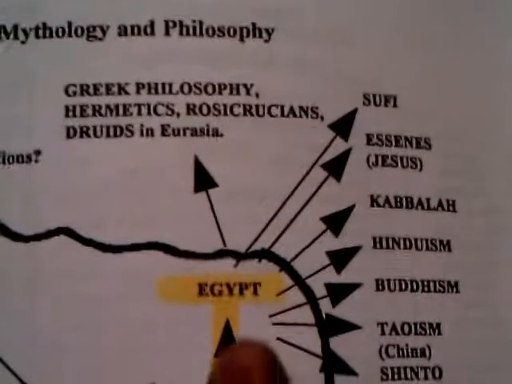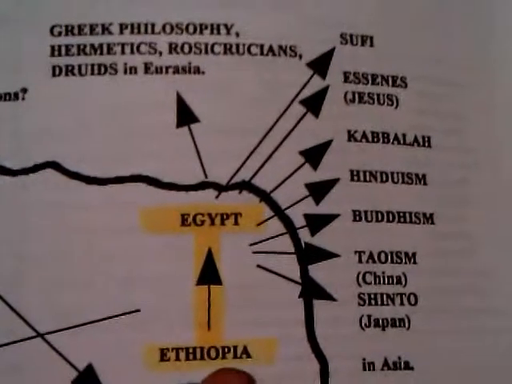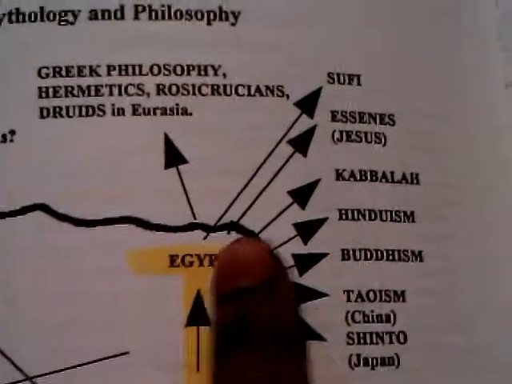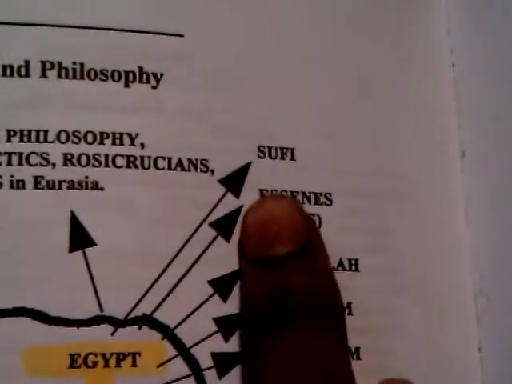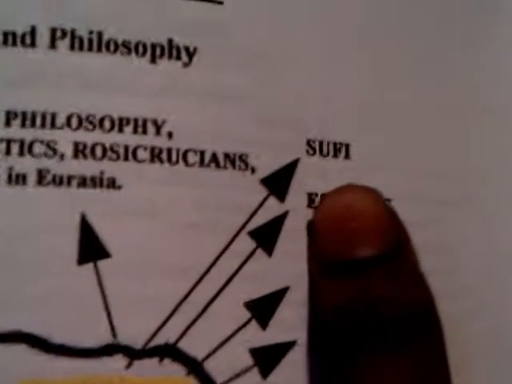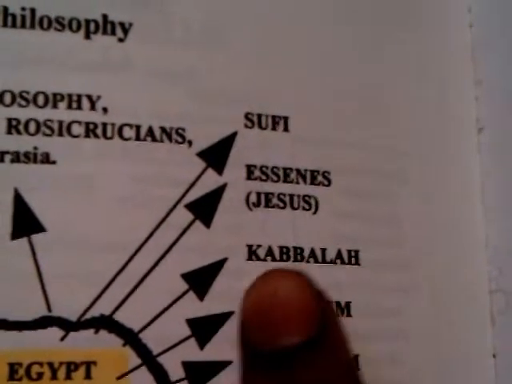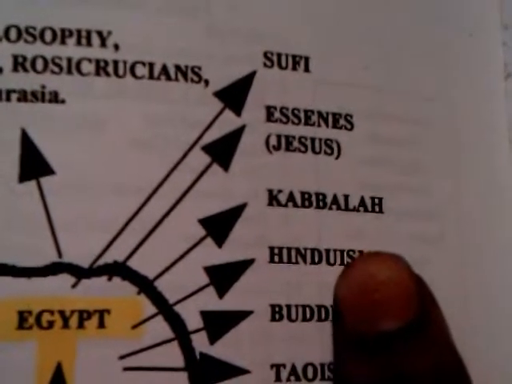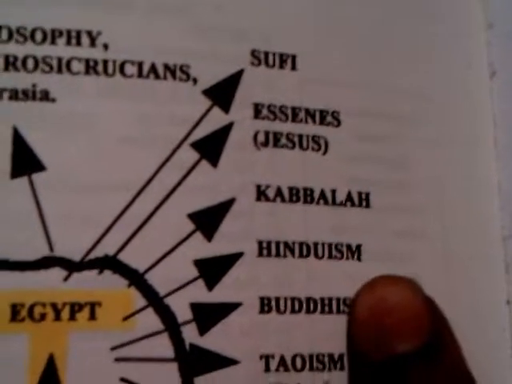We can see that coming out from its root in Ethiopia and then going to Egypt, following the Nile or the Hapit Valley. Then we also have it go into what's known as Sufism in Islam, or the Essenes in the Hebreo or Christianity, or the Jesus movement, or Kabbalah, you understand, or the Judaic or Jewish or another branch of the Hebraic movement, or Hinduism.